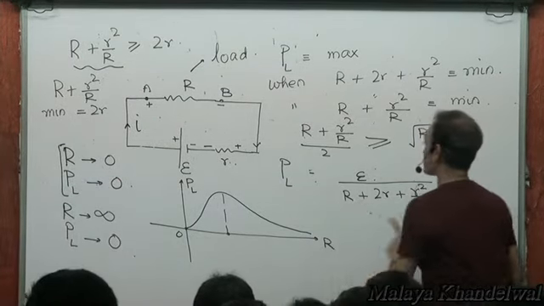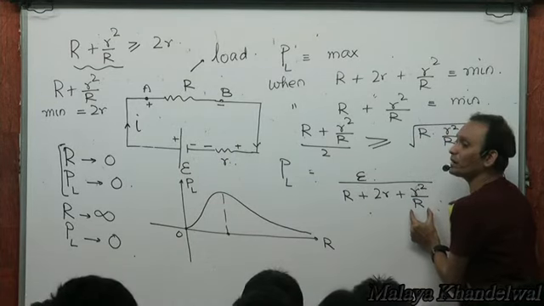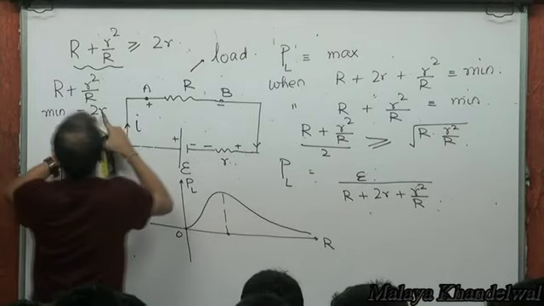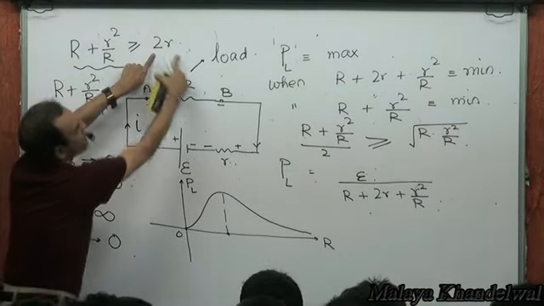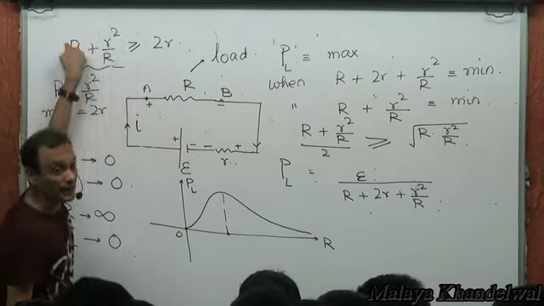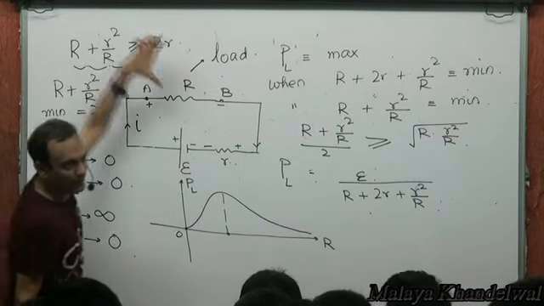So power would be maximum when R plus r squared by capital R becomes equal to 2r. And when would this become equal to 2r? When AM becomes equal to GM. And when would AM be equal to GM? When the quantities are equal, right?